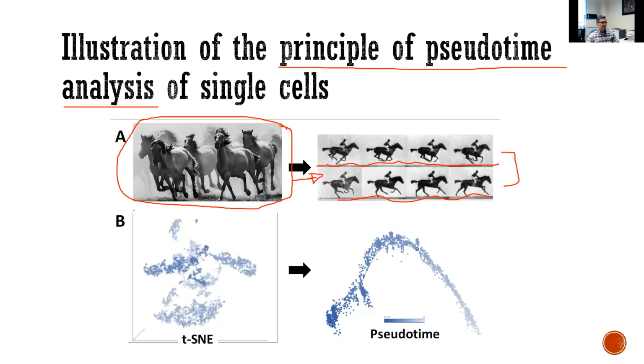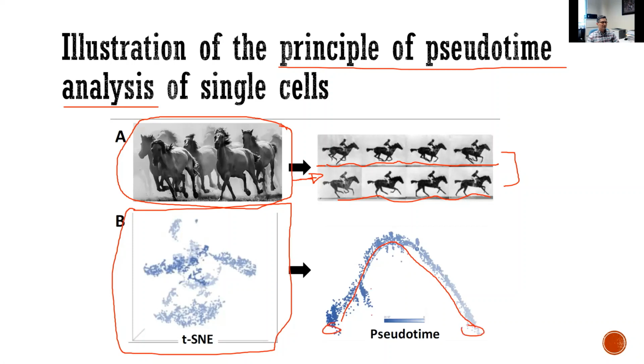Similarly, in our single-cell RNA-seq trajectory analysis, you obtain one sample that has a lot of cells in it. Then you rearrange the cells along this path and assume they are separated by a transition process from one end to another.